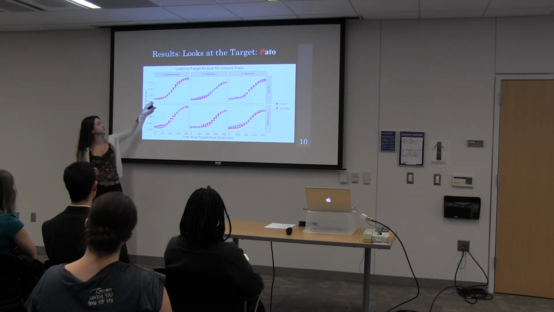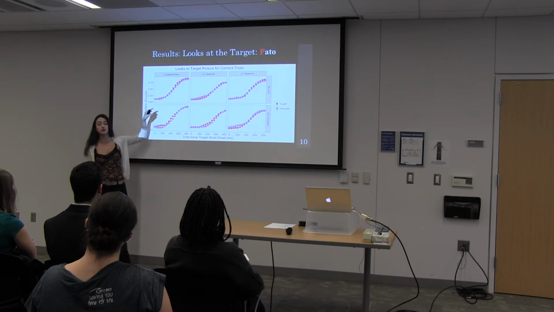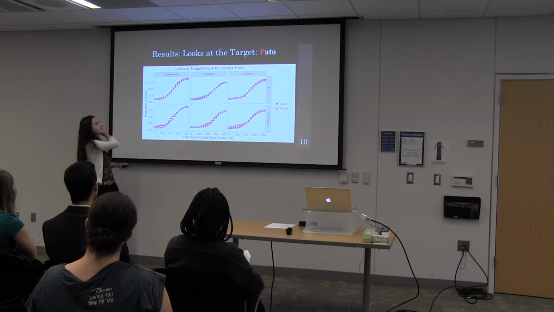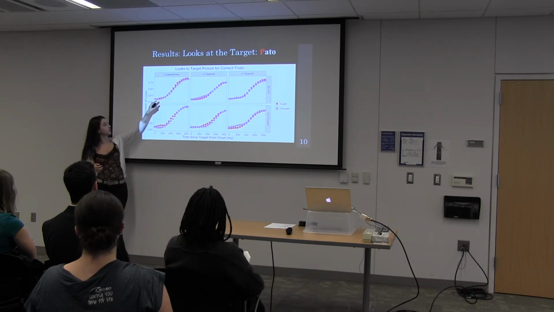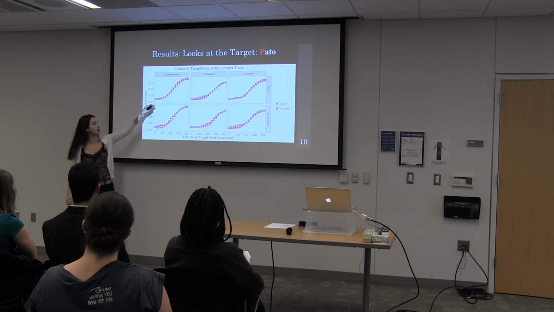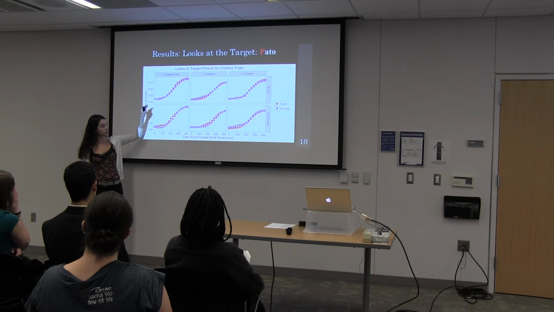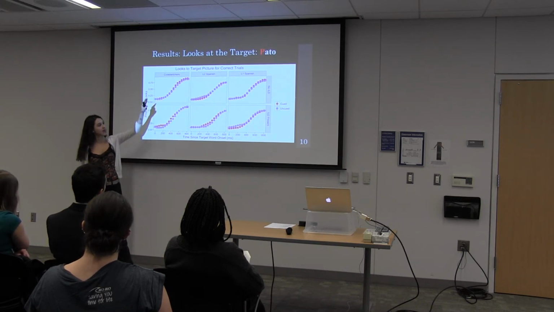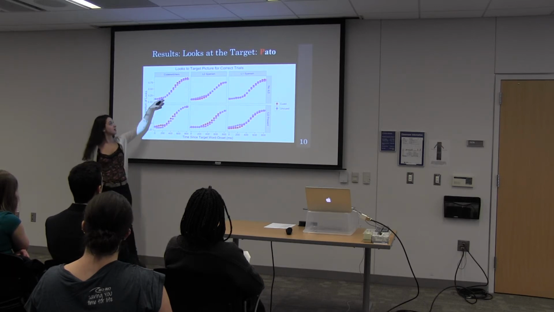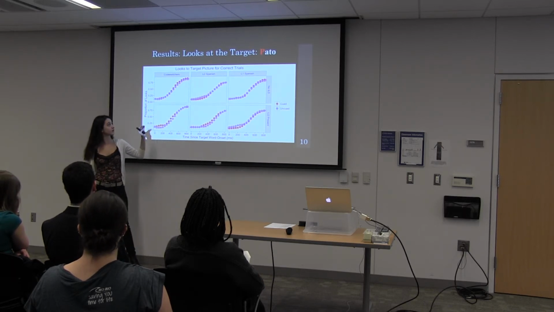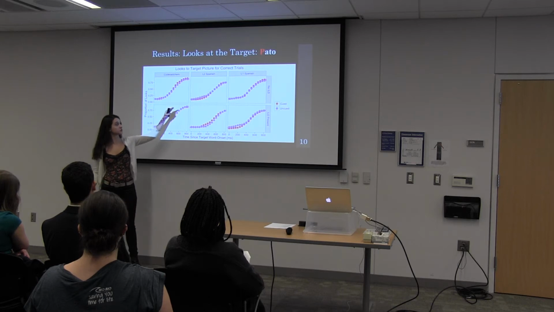And the red lines refer to phrases in which they had a cue, and the blue lines refer to phrases that were uncued. If I can draw your attention to the top left corner, it seems that the code switchers had a higher proportion of looks earlier on in the trials to the target when they had the cues to help them and when they had no interlingual distractor. But essentially, it was the same curve throughout without the interlingual distractor.